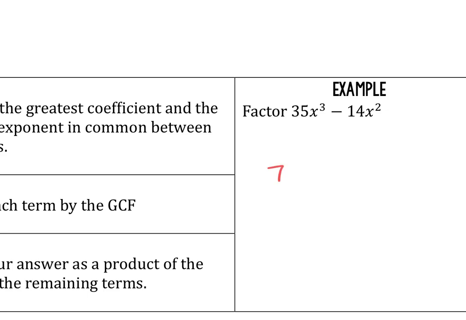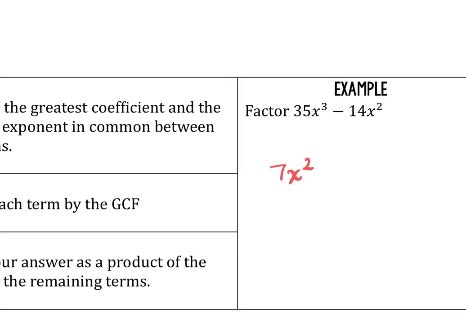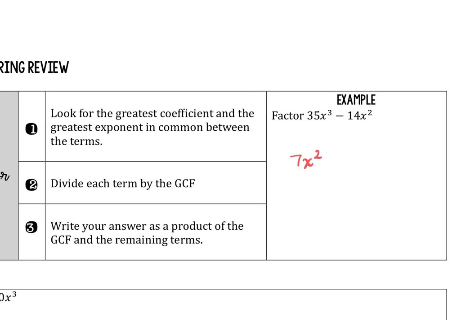Then you are looking at your variables that are attached to those, and our powers. We have x to the third power and x squared. So you want to find what's the greatest exponent that both terms have in this case. And that would be x squared. So 7x squared is going to be the greatest common factor of this little binomial that I gave you.